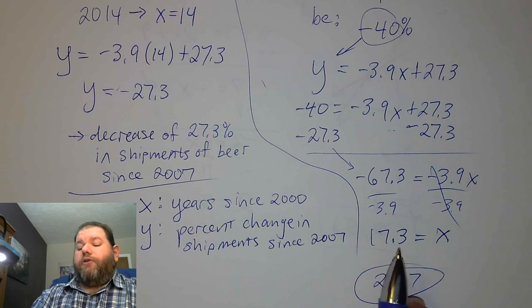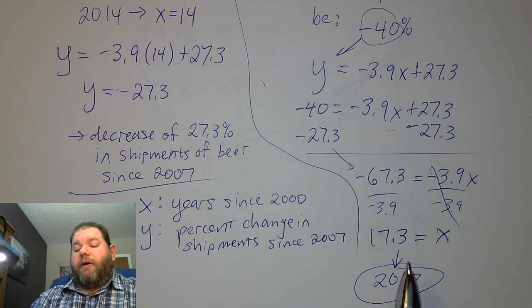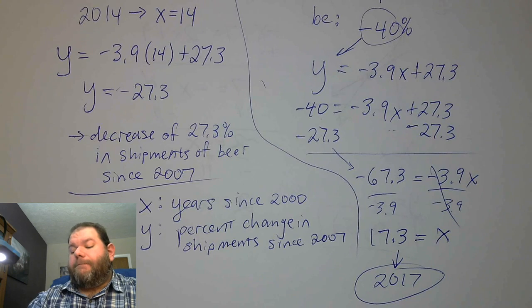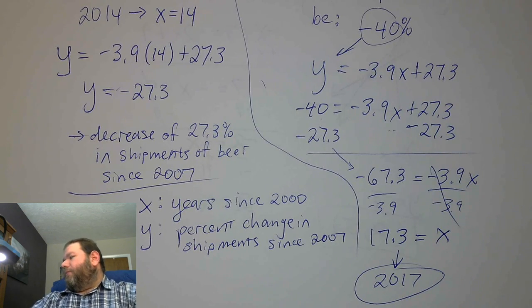Now, because our number is a little bit larger, that means it's not at the beginning of 2017, it's about 0.3 of the way through the year 2017. So probably sometime during the third or fourth month specifically. But the question is during what year, and so we would just round down basically, which is 2017. Any questions there?